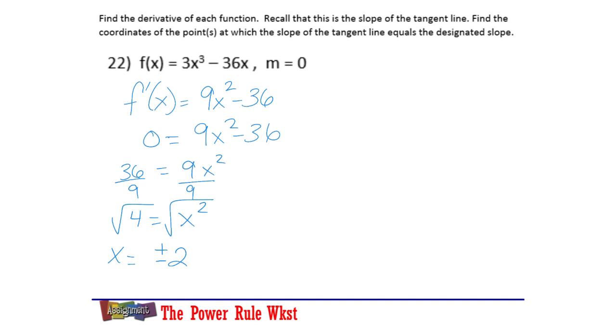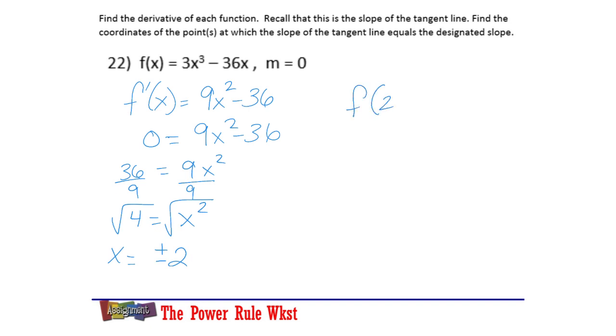Okay, so what that indicates is that this is going to actually happen in 2 different places. It's going to end up at x equals 2, and x equals negative 2. Now, they want more than just the x value. They want the coordinates of the point. So if x is equal to 2, then I need to know the y value on the function that would match that. So you have to take that 2 and plug it back into the original.